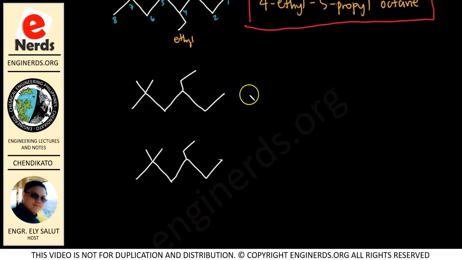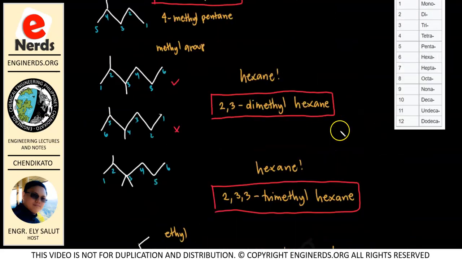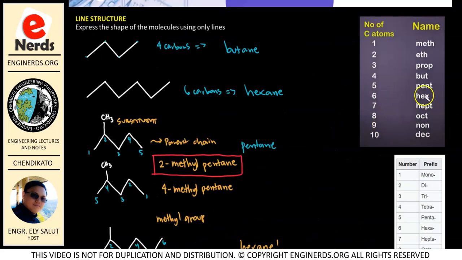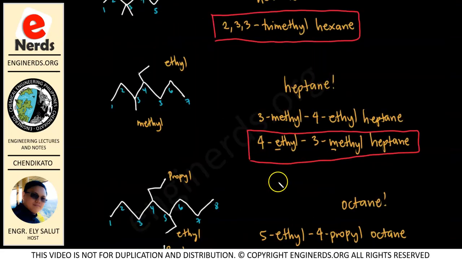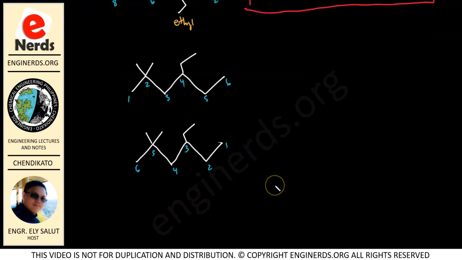Okay, so they are the same, right? So, let us count from left to right. 1, 2, 3, 4, 5, 6. And from right to left, 1, 2, 3, 4, 5, 6. So, we have 6 carbons in our parent chain. Therefore, this is a hexane. Okay? So, we have hexane as our parent chain.